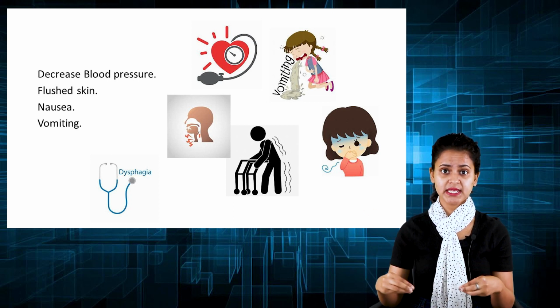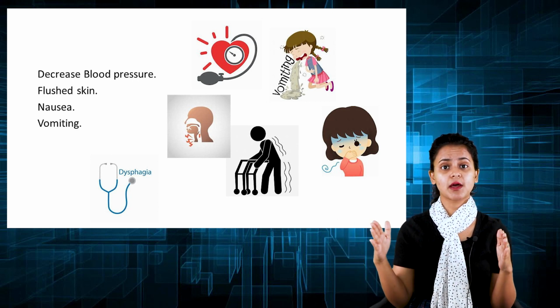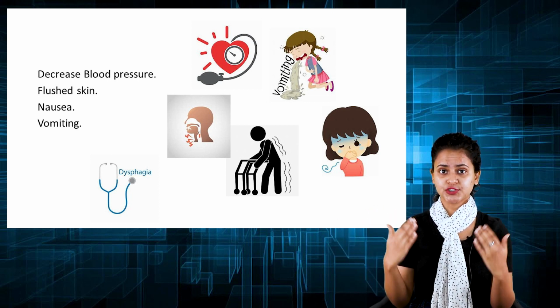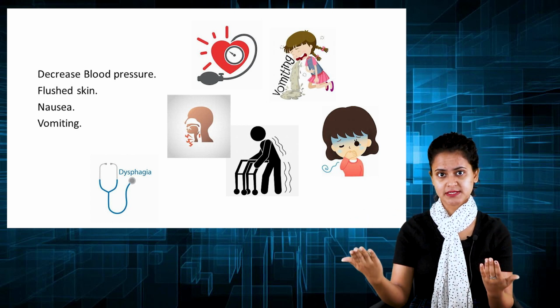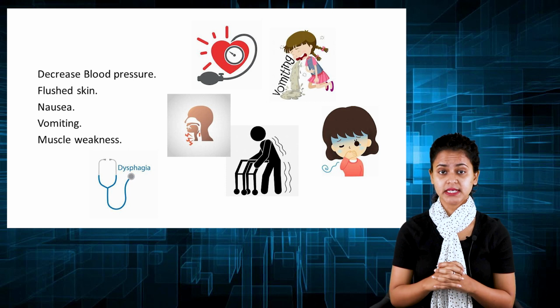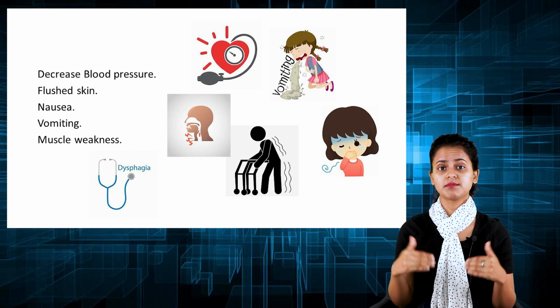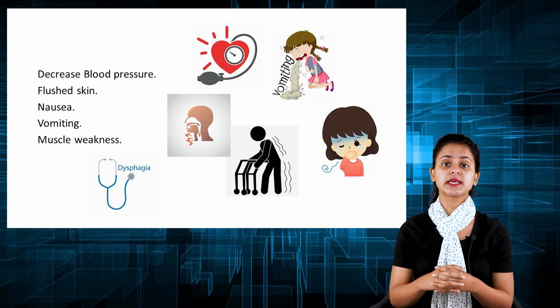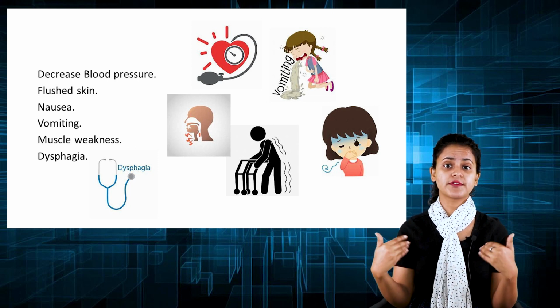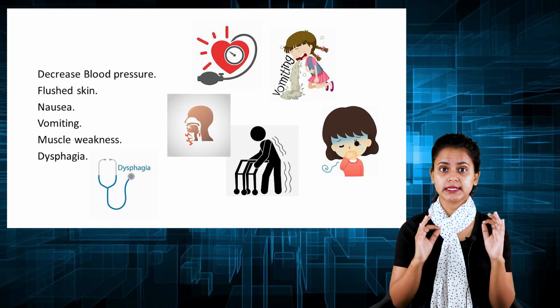Even a person will have a high risk for the development of other electrolyte imbalances, mainly deficiency of other electrolytes in the body. Muscle weakness is also a very common manifestation associated with this condition. Often the client will complain about dysphagia associated with hypermagnesemia.